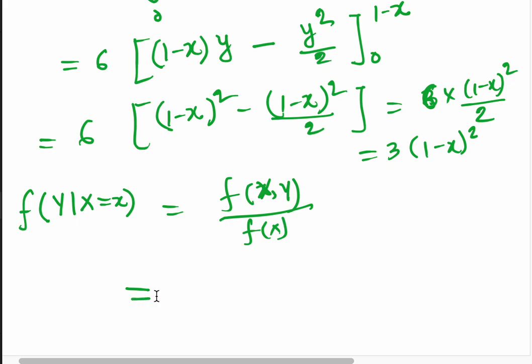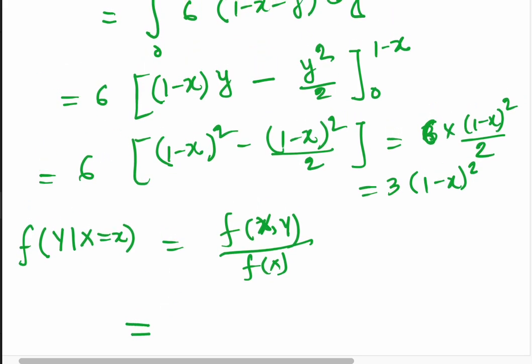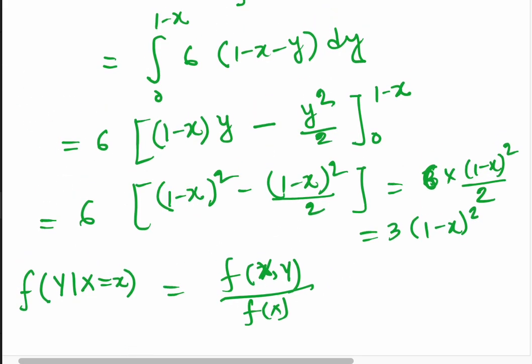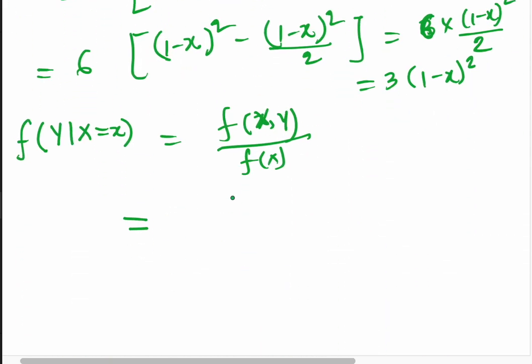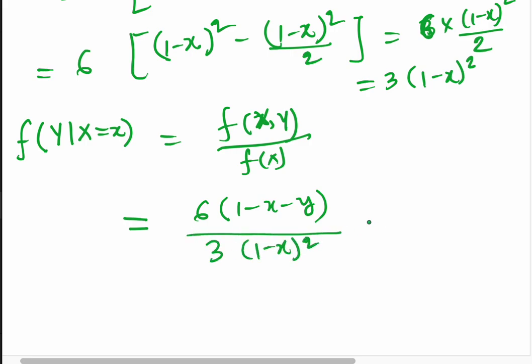Leave it as it is. So this is nothing but, if we put it here, 6 times (1 minus x minus y) by 3 times (1 minus x) squared. So this is 2 (1 minus x minus y) by (1 minus x) squared.